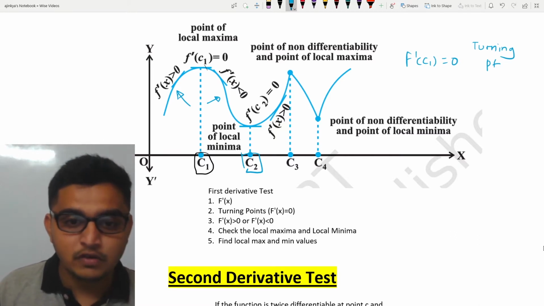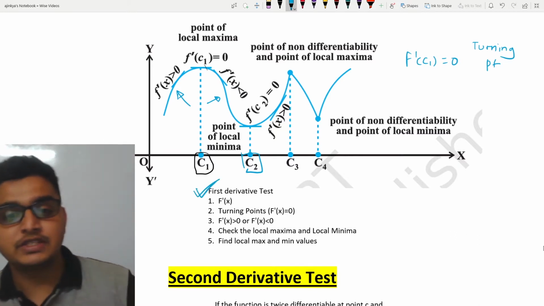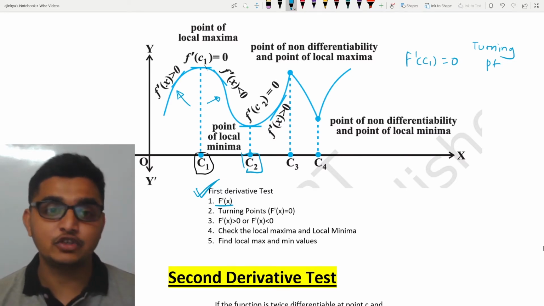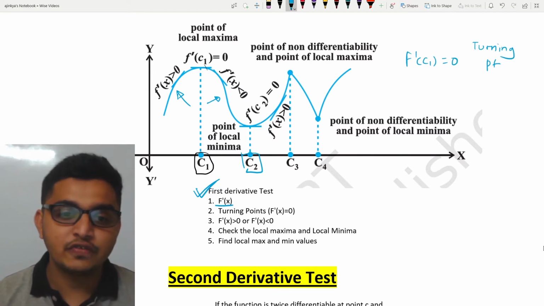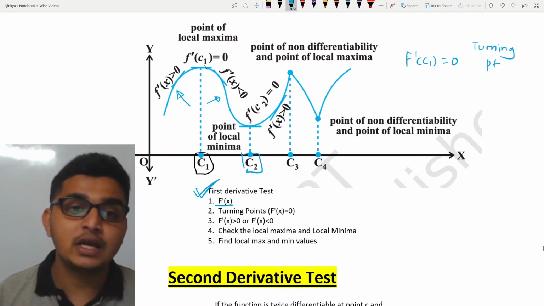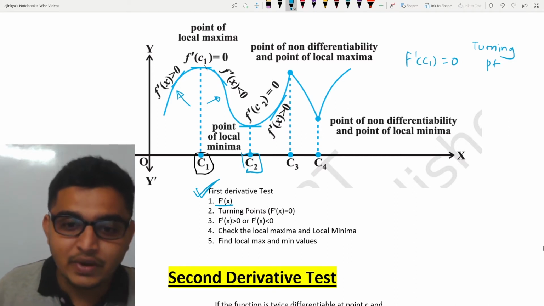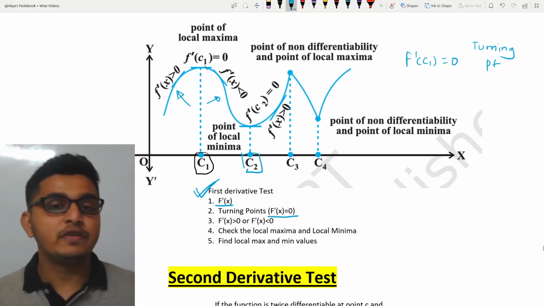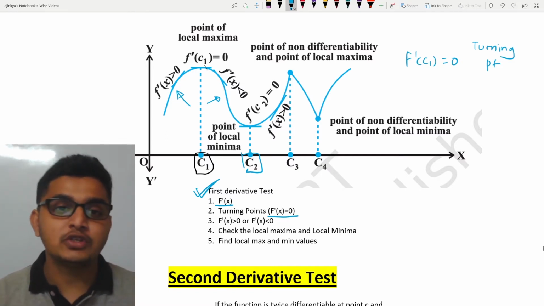What were they? For the first derivative test, first we tried to find f dash of x. After that, we tried to find the turning points by equating f dash of x to 0, which gave us two distinct points, or 3 points, or sometimes 1 point, and so forth.